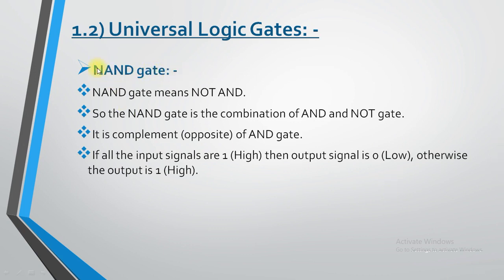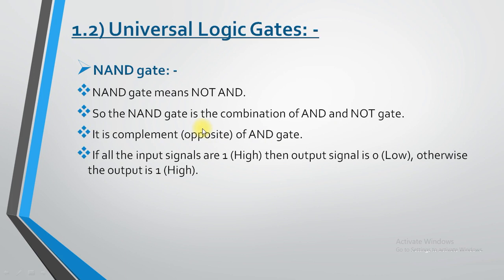So let us start with the first gate. NAND gate means not AND. The NAND gate is the combination of AND gate and NOT gate, or you can also refer to it as the complement or opposite of the AND gate. NAND gate is the opposite of the AND gate.